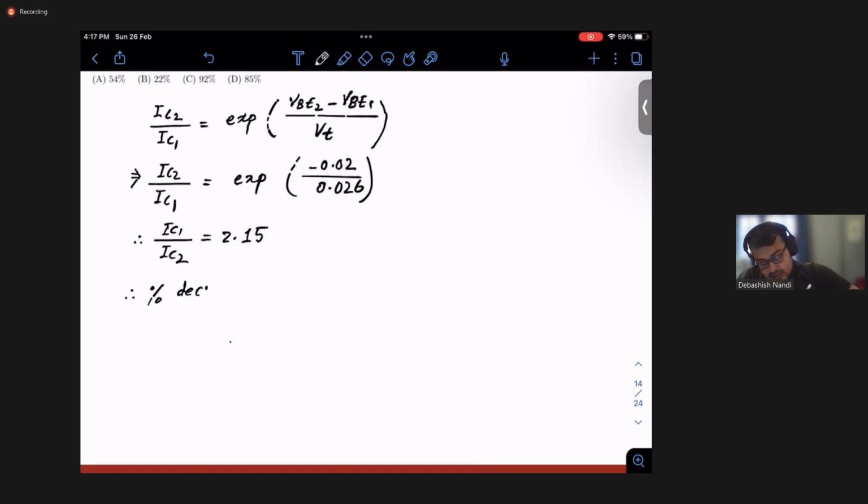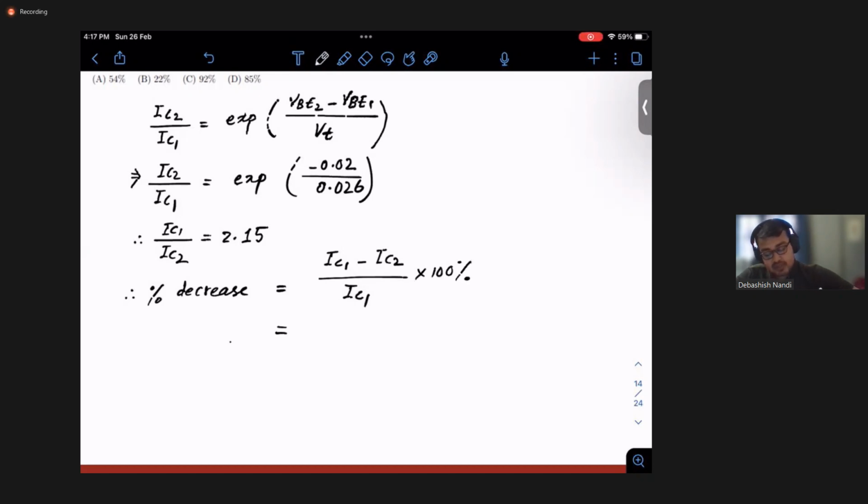Percentage decrease is nothing but your IC1 minus IC2 divided by IC1 into 100%.